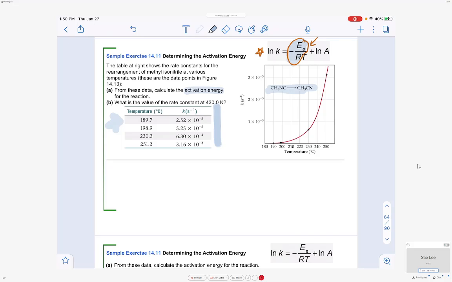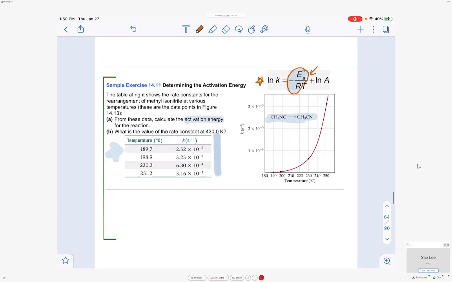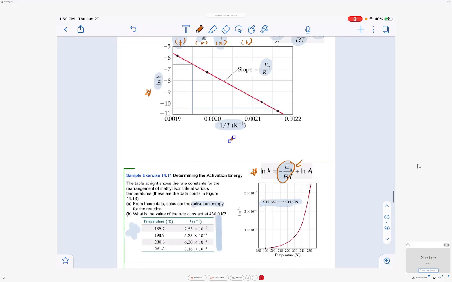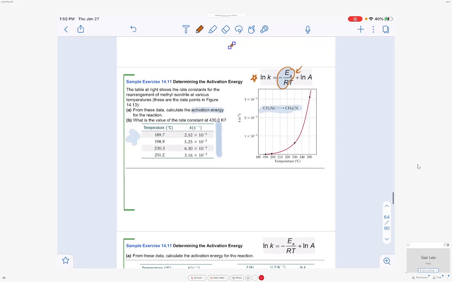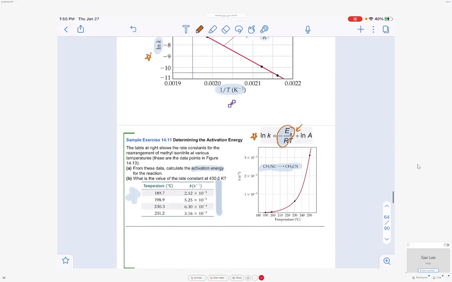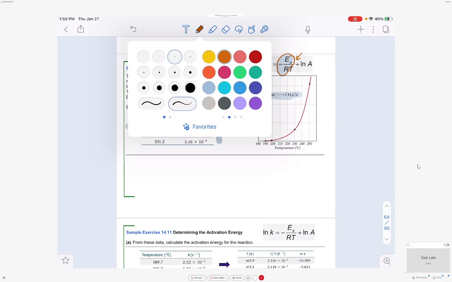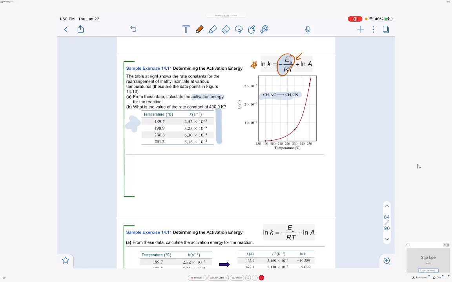In order to graph, as I mentioned before, we need to graph natural log of k versus 1 over T. But what we have here is temperature and k, so we need to convert this into 1 over T and natural log of k.